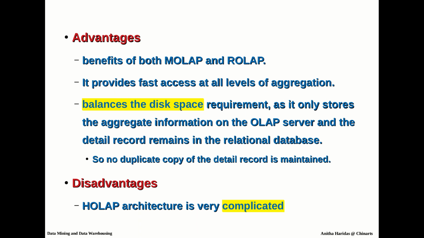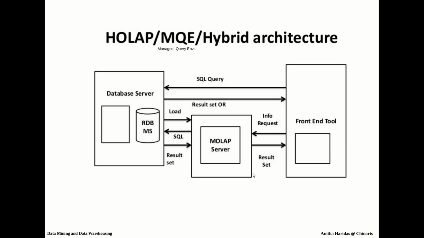The biggest advantage here is it balances the disk space requirement, as it only stores the aggregate information on the OLAP server, and the detailed record will be available in the relational database, right? So there is no duplicate copy of the detailed record to be maintained.